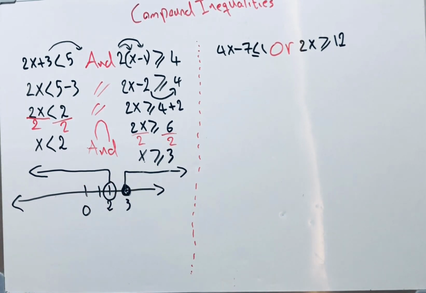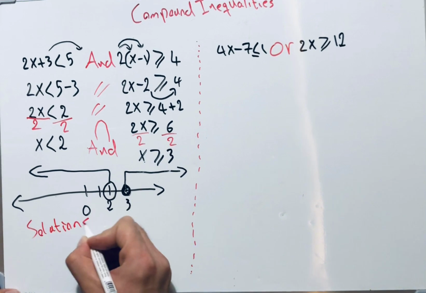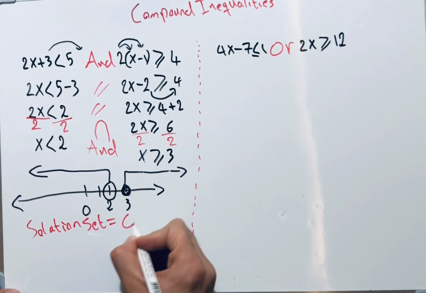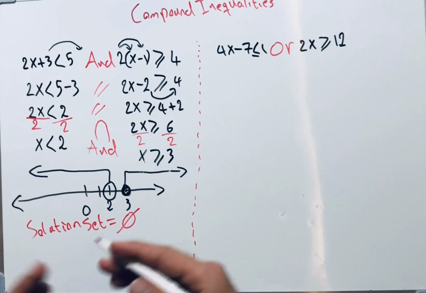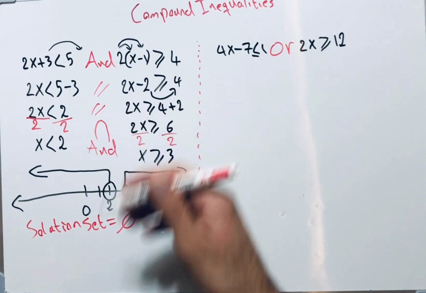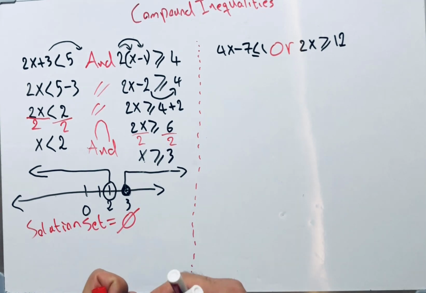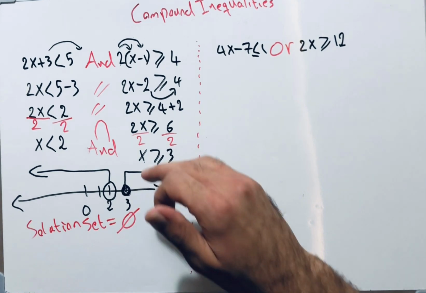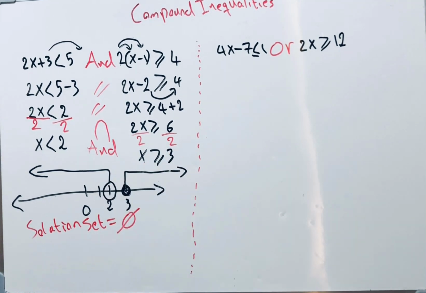So in other words, the solution set here is phi, which means the empty set, because we don't have any value that satisfies this. Don't get confused, because sometimes in mathematics there is no value of x that satisfies the conditions. We could just say this is a no solution case.